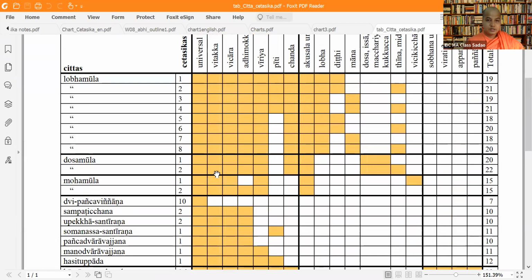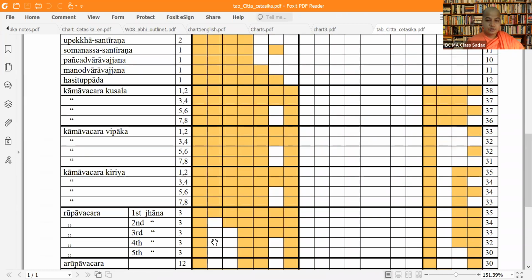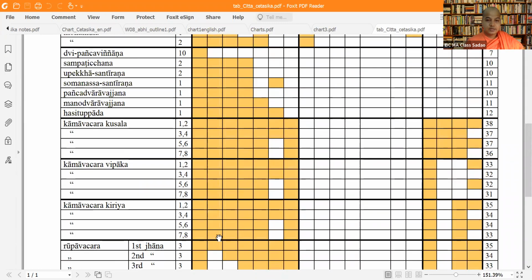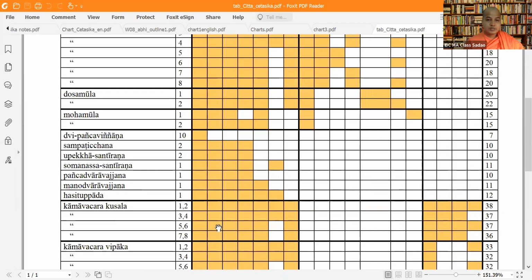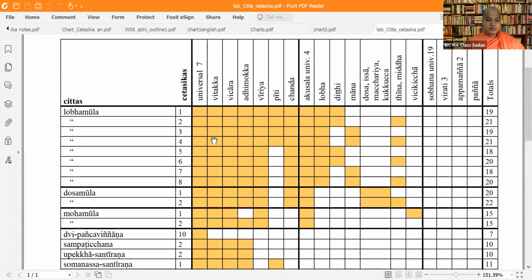You see? So vitaka is present, for example, in all of these akusala chittas. It is also present in the kusala chittas, right? Now, when it is present in the akusala chitta, if it is associated with greed, lobha, or dosa, or moha, how does it function?